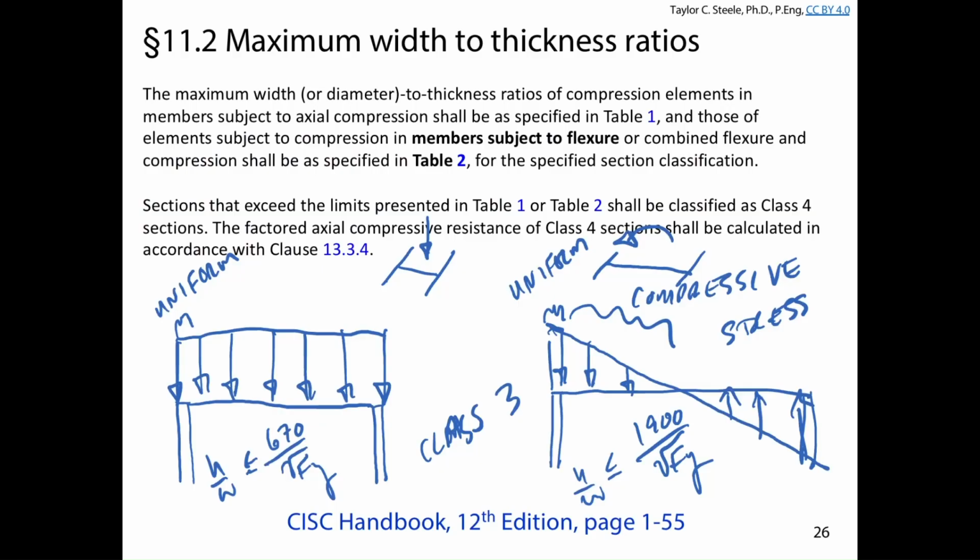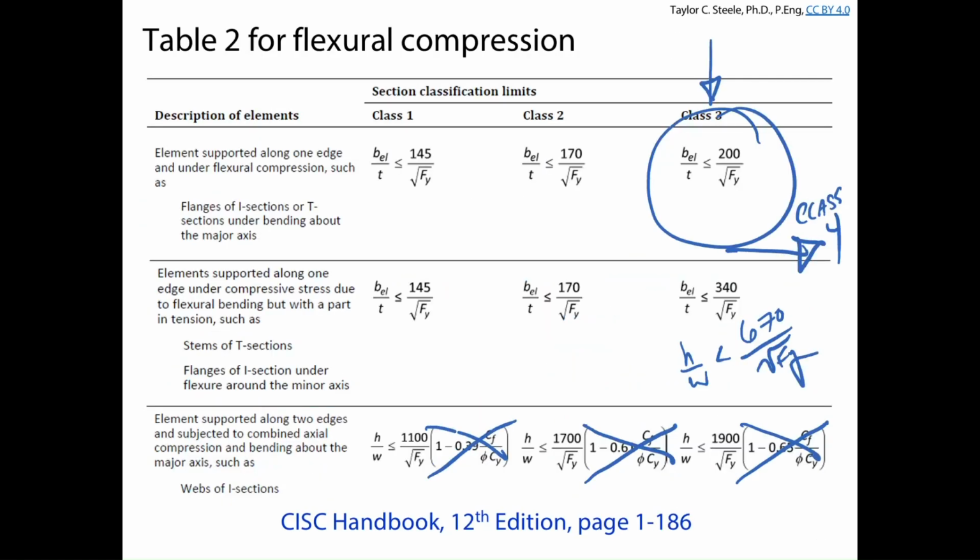B over T in terms of the elastic width, or B over 2T in terms of the flange width, has to be less than or equal to 200 over the square root of Fy for both cases to be class 3. Whereas for webs, because the compressive stress distribution is significantly different, we don't apply the same strict requirement.